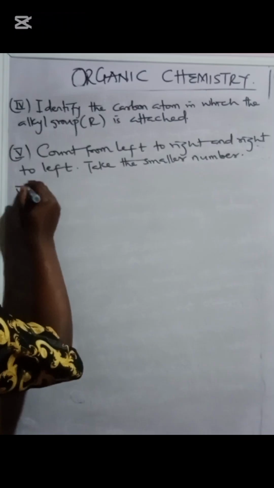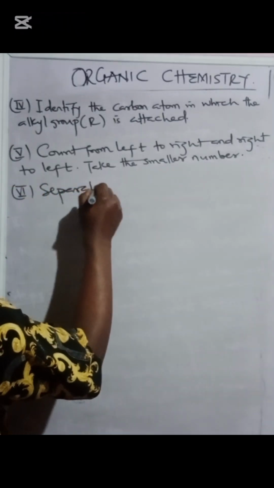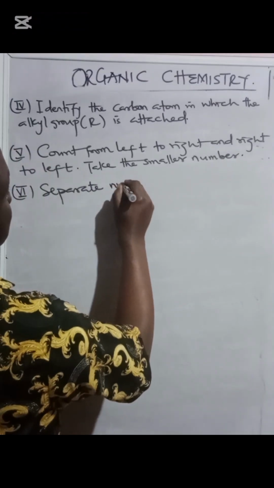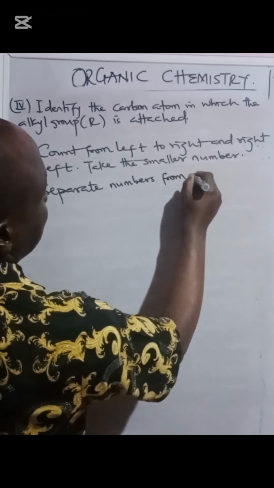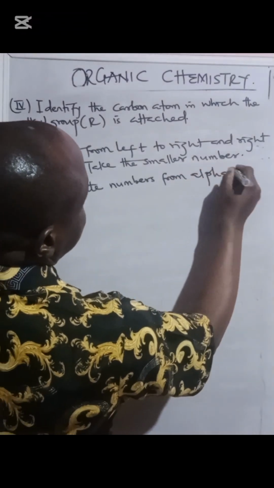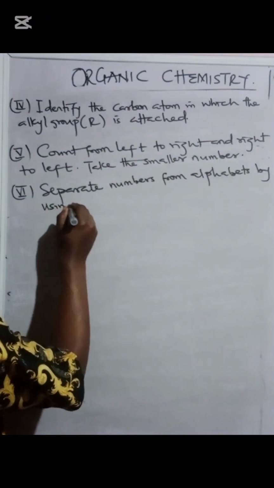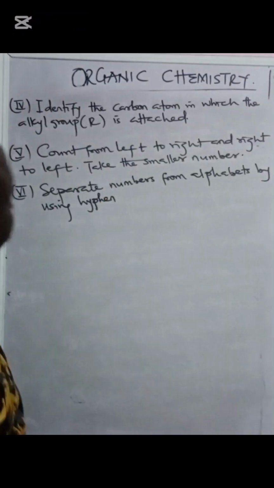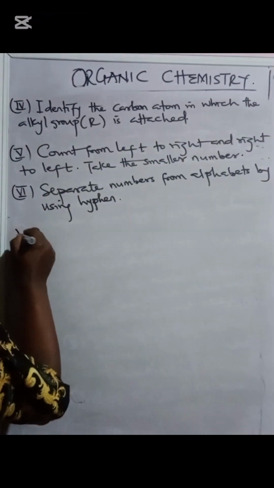Step 6: separate numbers from alphabets by using a hyphen.